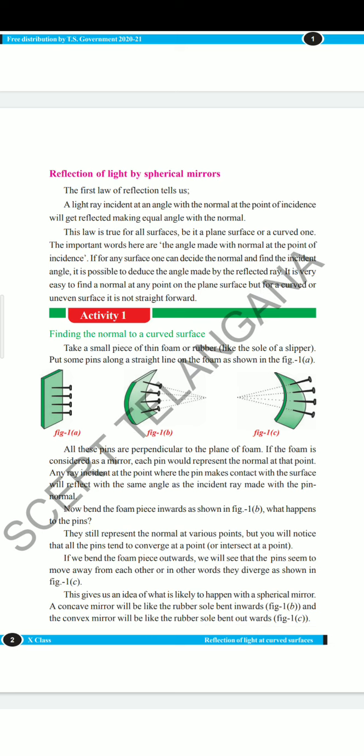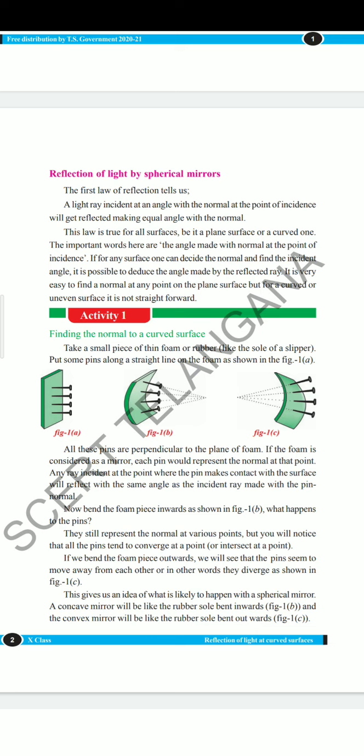Activity 1. Finding the normal to a curved surface. Let us take a small piece of thin foam or rubber, like the sole of a slipper. Put some pins along a straight line on the foam as shown in figure 1a.